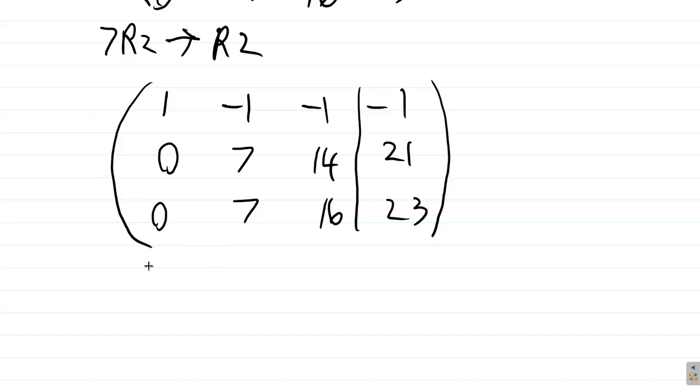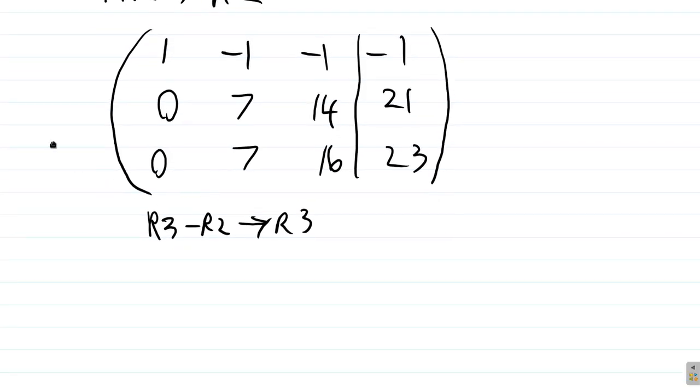Then row 3 has the bigger numbers, so if we did row 2 minus row 3, we're going to have some negative numbers. I prefer working with positive numbers. Less mistake, less confusion that way. So I say row 3 minus row 2 will give us our new row 3. So we'll have another 0 in row 3.